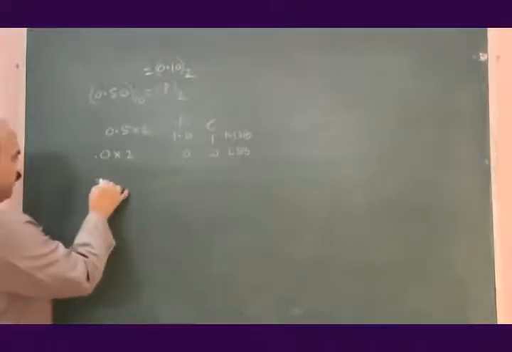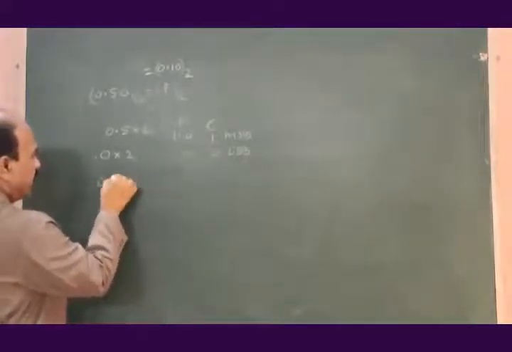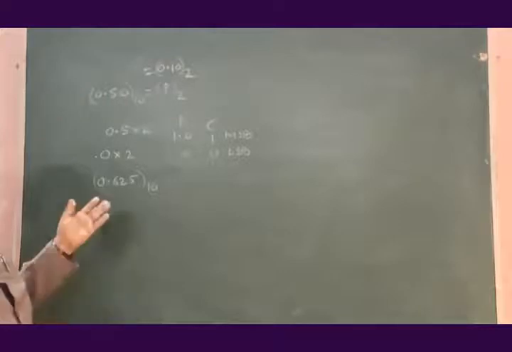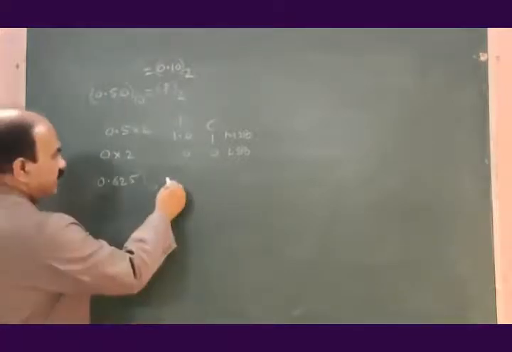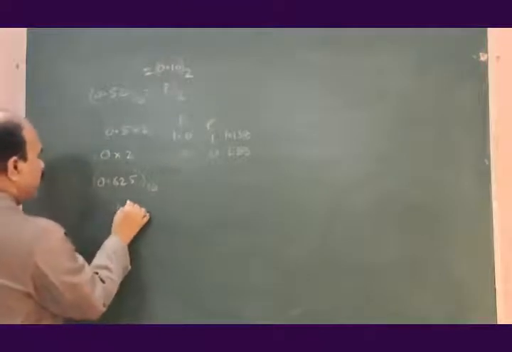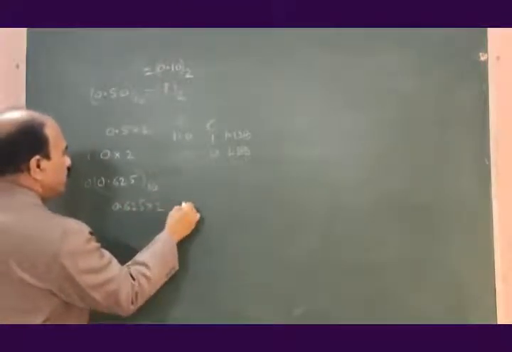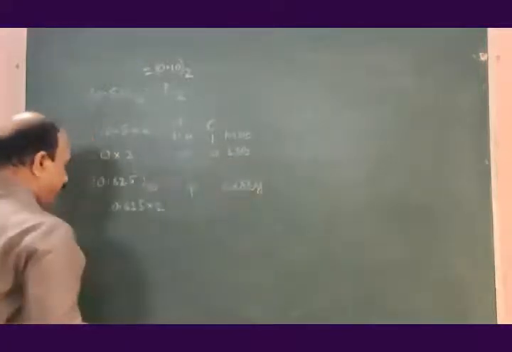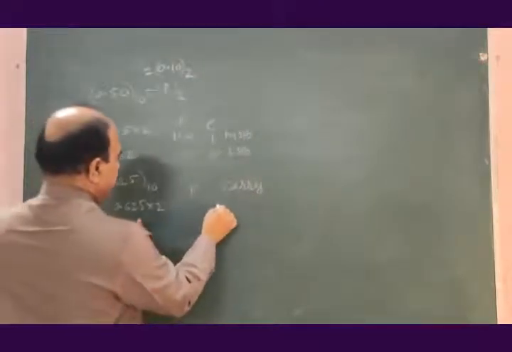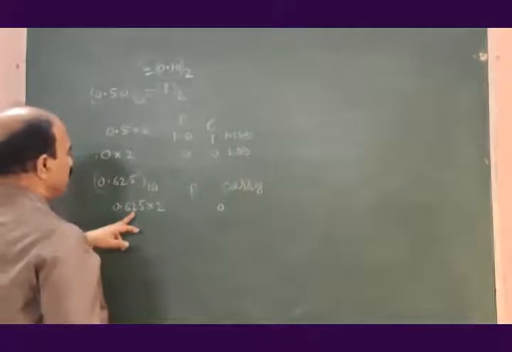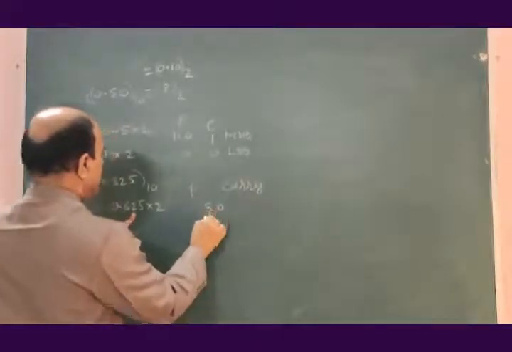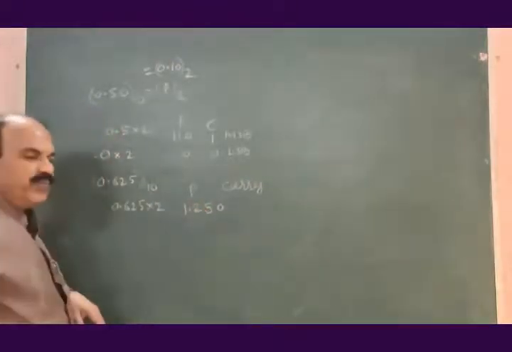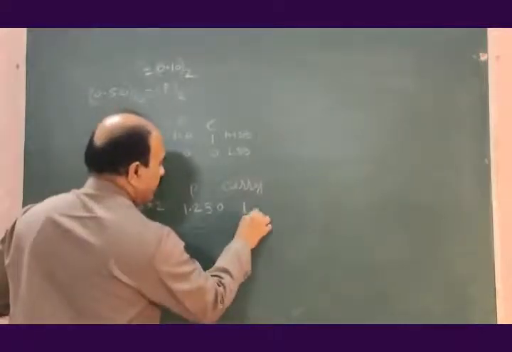Let us work out how. 0.625 in decimal. What will be 0.625 in binary? 0.625 into 2, product and here carry. 2 5s are 10, 0, carry 1, 2 2s are 4, 5, carry 0, 2 6s are 12, 1.250. What is carry? 1.